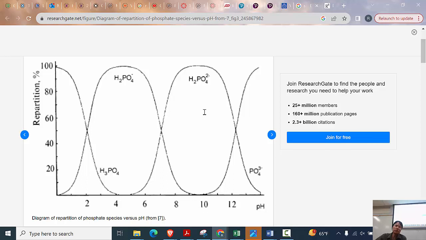At the first equivalence point, we've neutralized all the acid, made base. Second equivalence point's here. Third equivalence point's out here, pH is too high. ResearchGate, this is from.